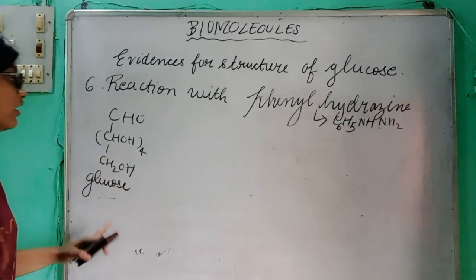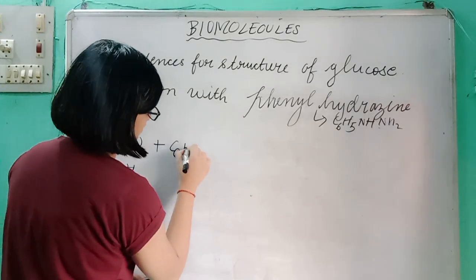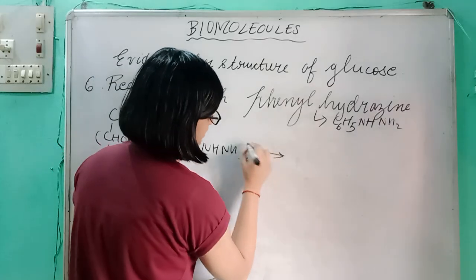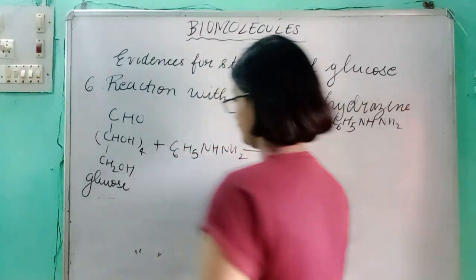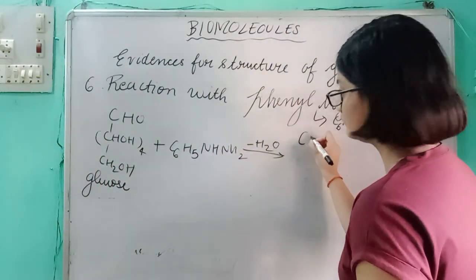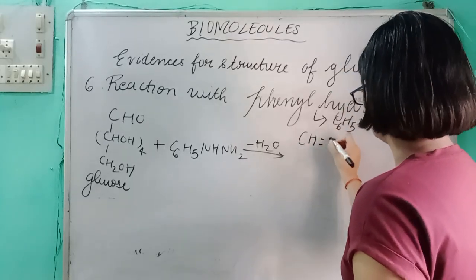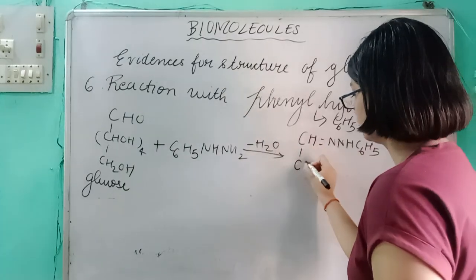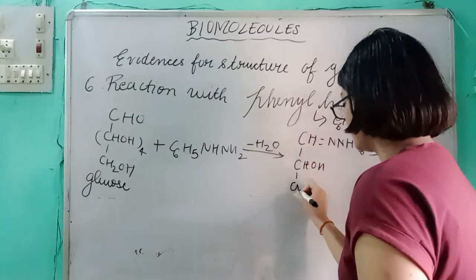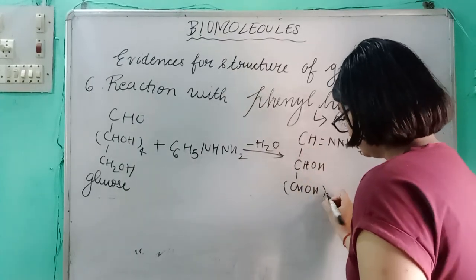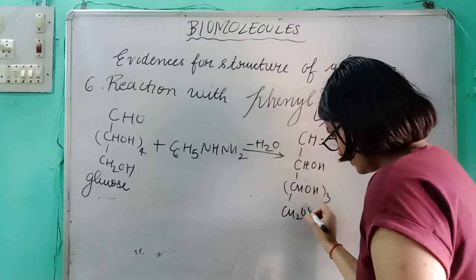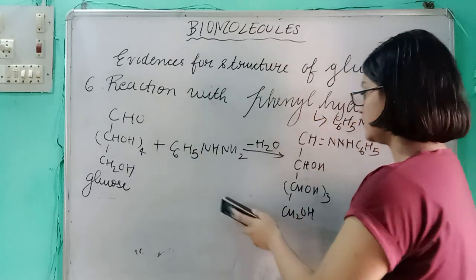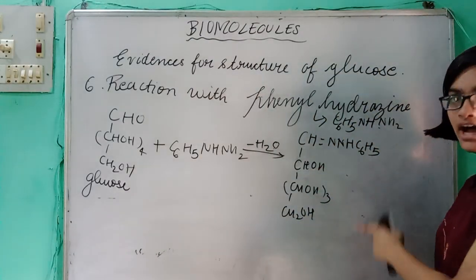Glucose on reacting with phenylhydrazine C6H5NHNH2 minus H2O, we obtain glucose phenylhydrazone.